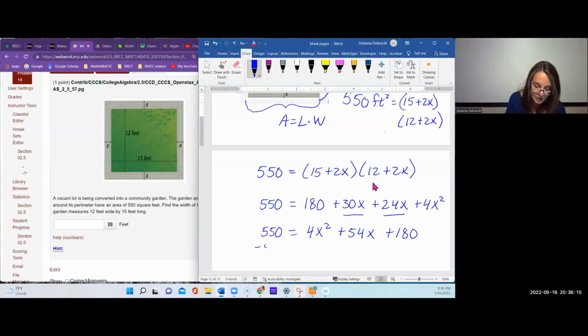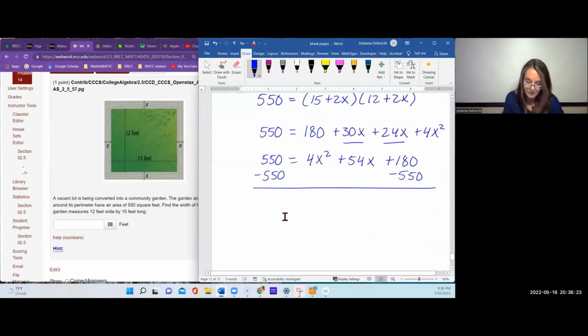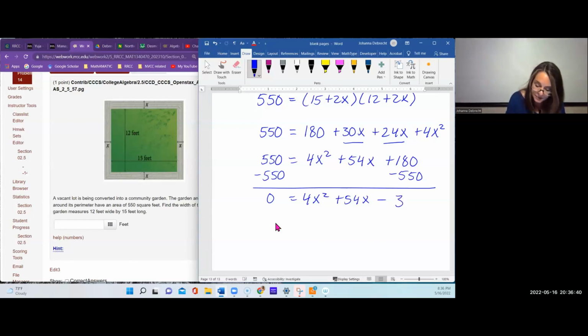So the last thing I'm going to do is subtract 550 from both sides. This gives me a 0 here. And then I have 4x squared plus 54x minus, well, what would that give us? 370 negative.